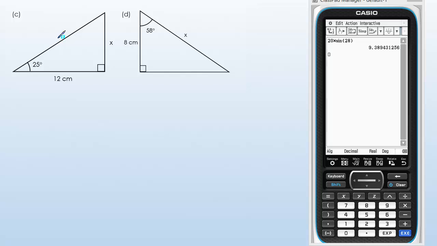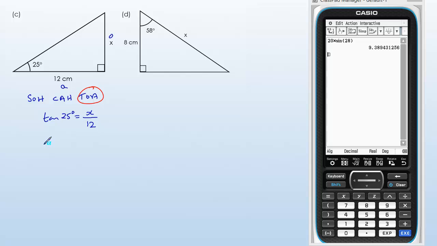Now, in this triangle here, we know the long side is the hypotenuse. We're looking at this angle here. So this one is the adjacent. This one is the opposite. Write down the mnemonic, and we have opposite and adjacent, and that tells us we need to be using the tangent. So the tangent of the angle is the length of the opposite over the length of the adjacent.